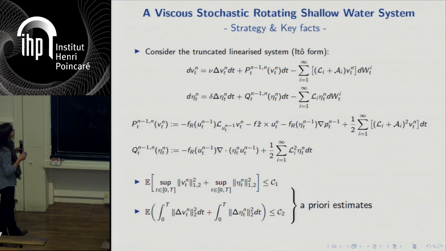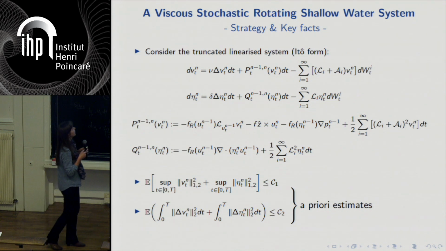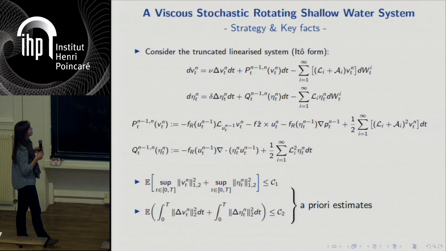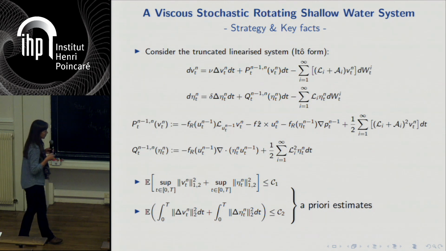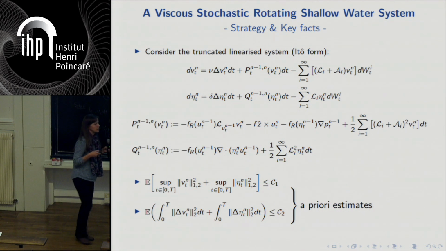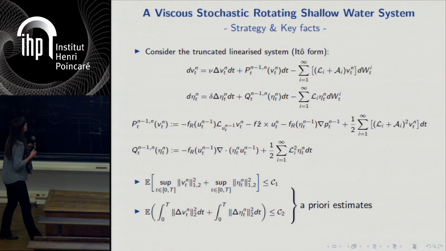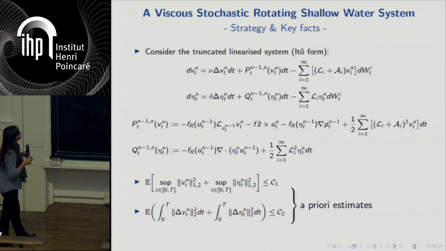First of all, we did linearize here: instead of having the dot product between U_t^n and the gradient of V_t^n, we have U_t^{n-1} dot product gradient of V_t^n. But we also need a truncation function in front of it because we want to basically have a linear SPDE with Lipschitz coefficients so that we know that it has a solution. And we also have a truncation function here in front of the pressure term.